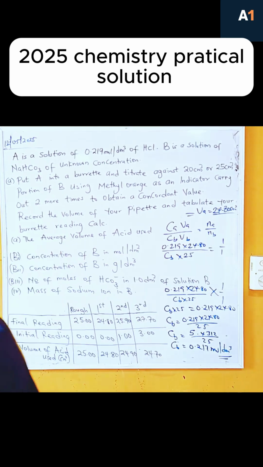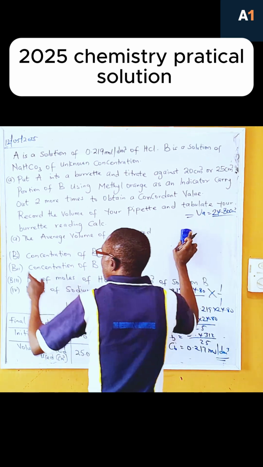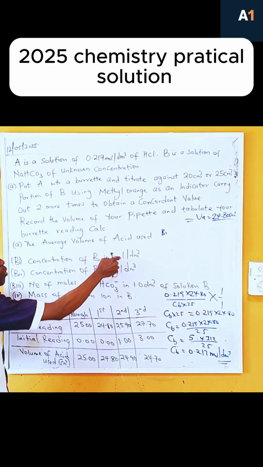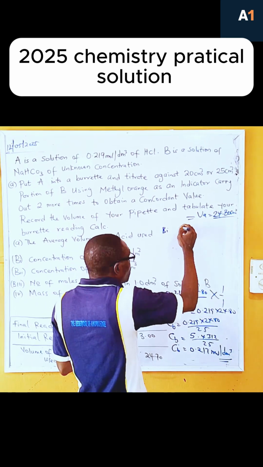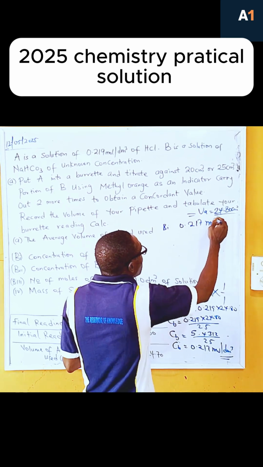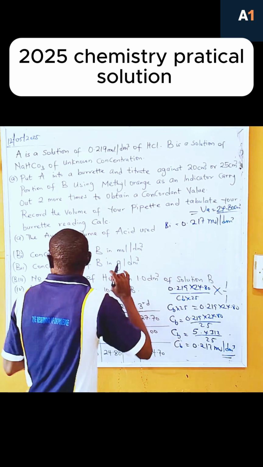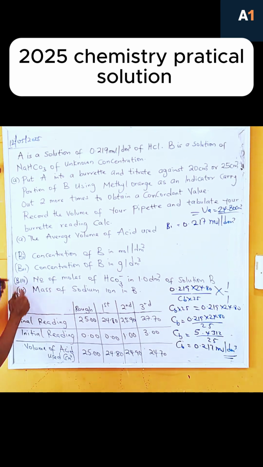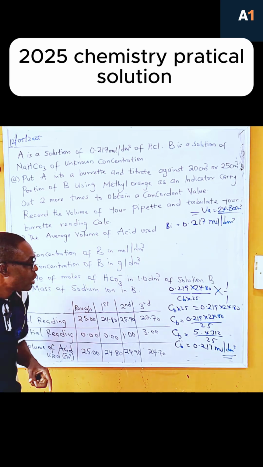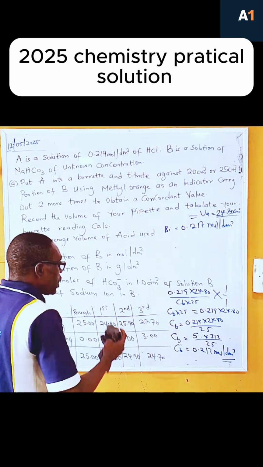So now we have solved the second question, which means that for part B(i), the concentration of B in mole per decimeter cube is equal to 0.217 mole per decimeter cube. Then how do we now solve part (ii), which is they want it in gram per decimeter cube. That is what they want there. Now in this case, let me clean this one.